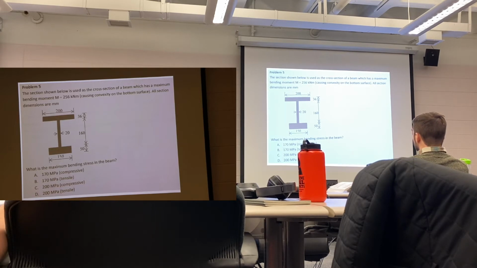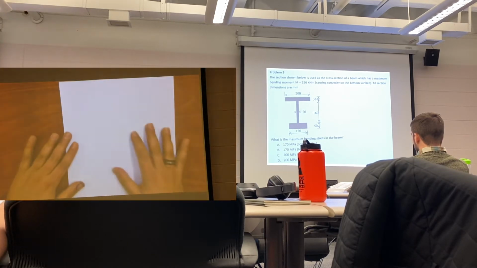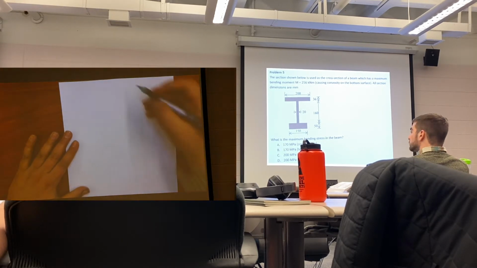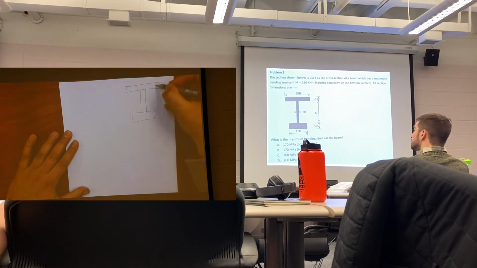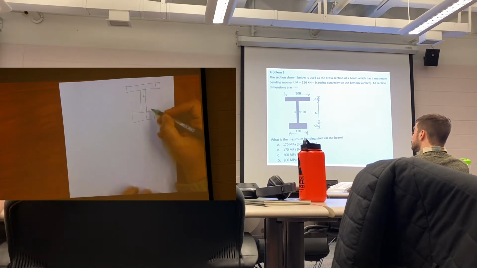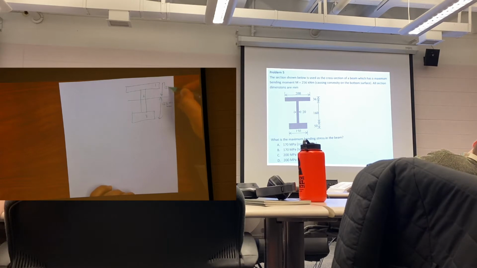Make sense? If you are trying to solve this question, I'm not going to go through the whole details. You are supposed to divide it into 3 pieces. If you got the centroid, it will be 125.4 millimeters from the bottom, and this distance is 120.6 millimeters.